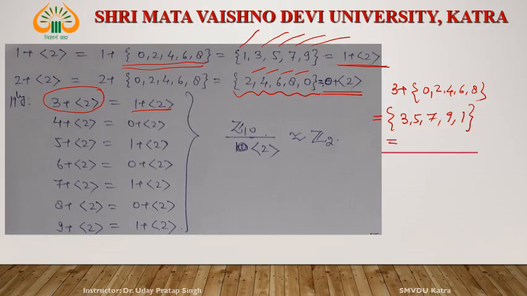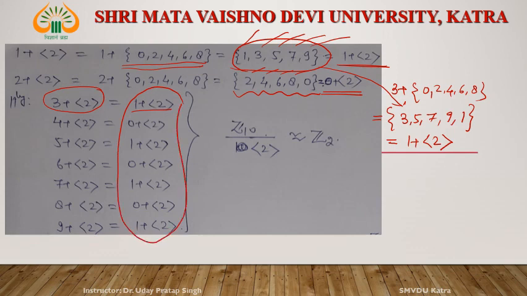And this is nothing but 1 plus the subgroup generated by 2. Right? Similarly 4 plus the subgroup is 0 plus the subgroup, and 5 plus the subgroup is 1 plus the subgroup. Right?